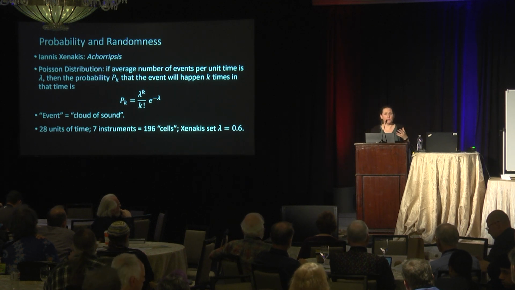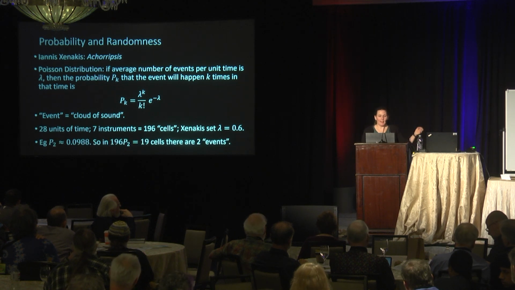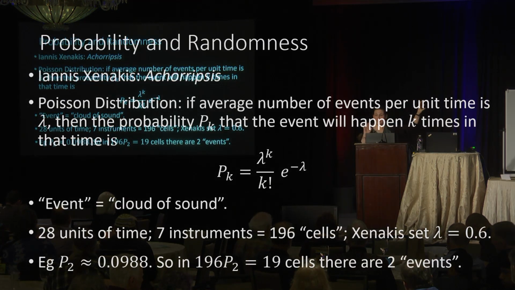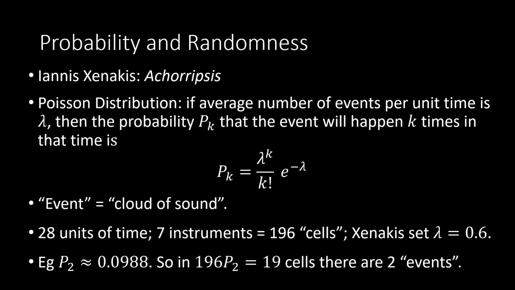And then how do you work this? For instance, he says, okay, we can calculate P2. That's the probability that you'll have an event, a cloud of sound, twice in a particular cell. You plug it into the formula. You get 0.0988 roughly. And you've got 196 cells.